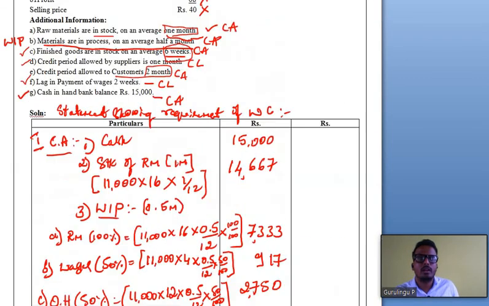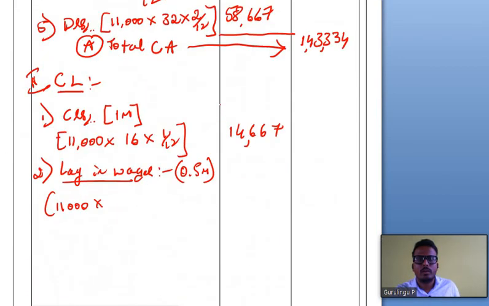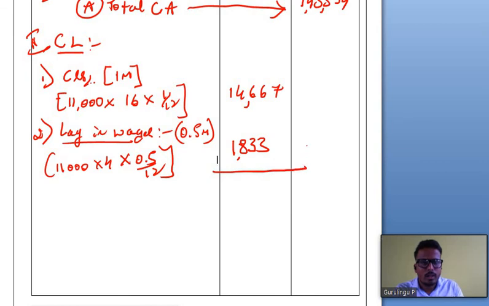This 16,500 you should deduct from the above amount, that is 1,43,334. We can give a name to this: total current liability is 16,500, B. If you deduct this current liability from the current assets, how much will you get?